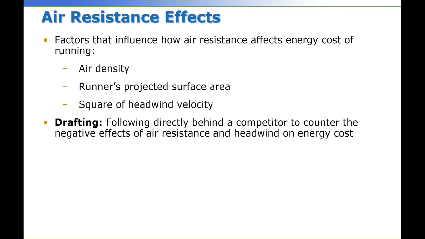So these are some pretty interesting variables that affect the cost of running. And in bicycling too, you see drafting on some of these Tour de France races. People are riding behind other bicyclists to decrease the air resistance.